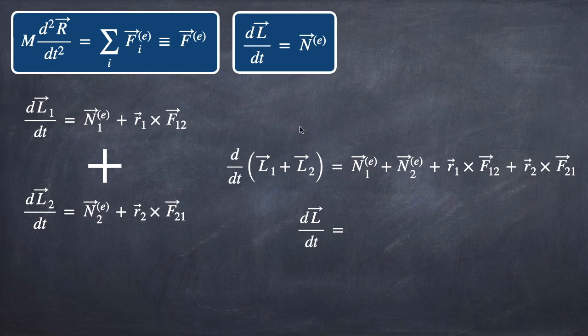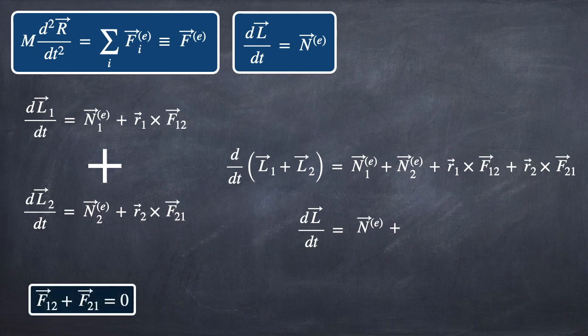Okay, so this quantity inside the parentheses is the total angular momentum. So we get the time derivative of the angular momentum. And the summation of the external torque over the individual particles, 1 and 2, is the total external torque.